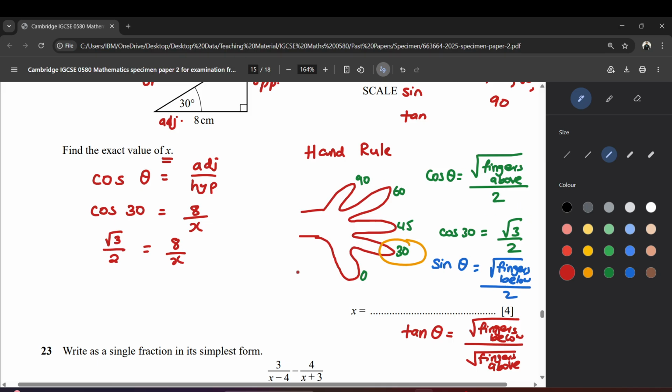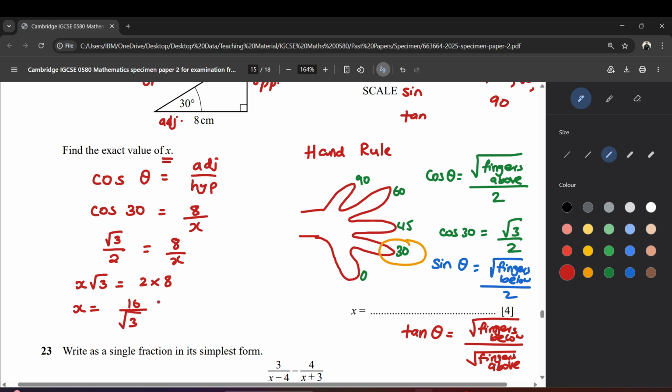All right, let's come back to this question. Root 3 upon 2 equals 8 upon x. Now you cross multiply them. So we have x root 3 equals 2 times 8, which is 16. Now I can divide both sides, so this becomes 16 upon root 3.